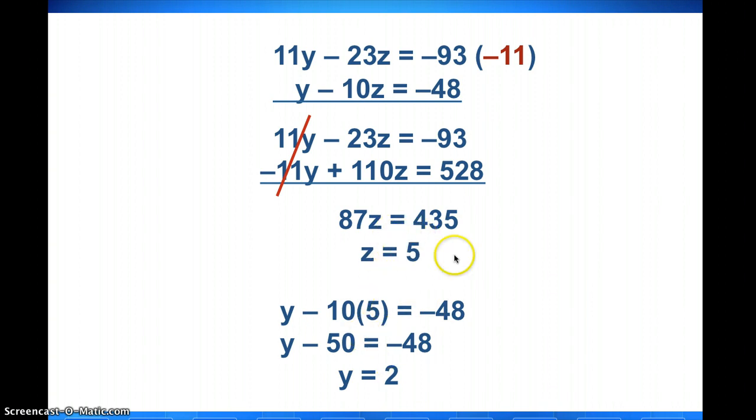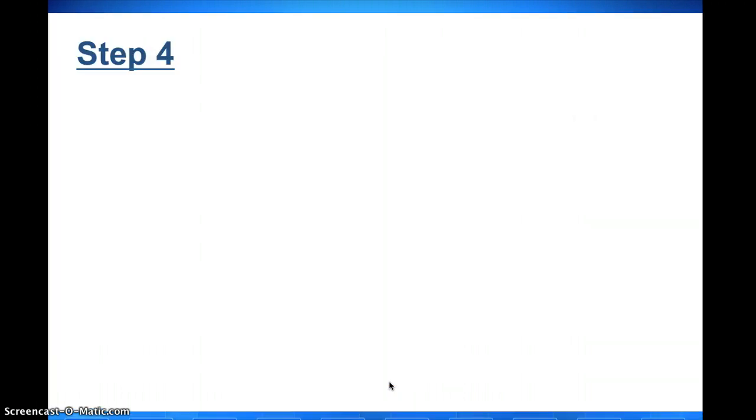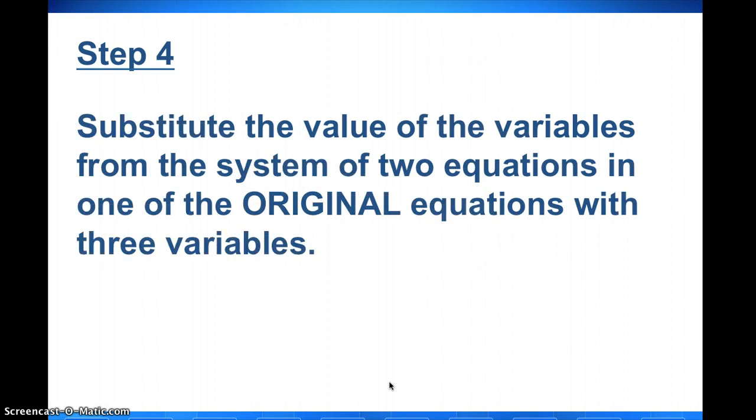Now, we are going to go back to the original equations and choose one from it, and we will replace z by 5 and y by 2 to get the value of x. So then step 4, substitute the value of the variables from the system of two equations in one of the original equations with three variables.